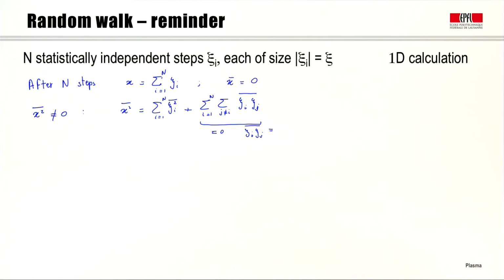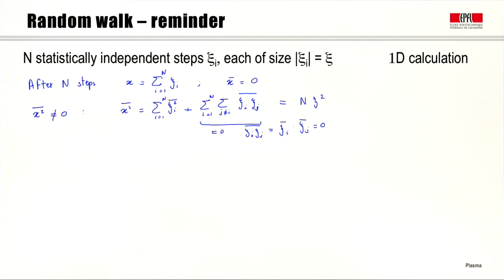Therefore, the average of that product is equal to the product of the two averages, which of course is 0. So we only end up with N times psi squared, where capital N is the number of steps undertaken, and psi is the size of each step.